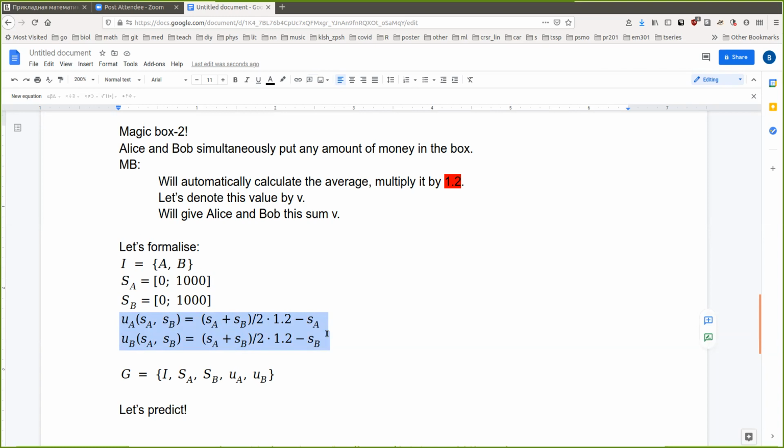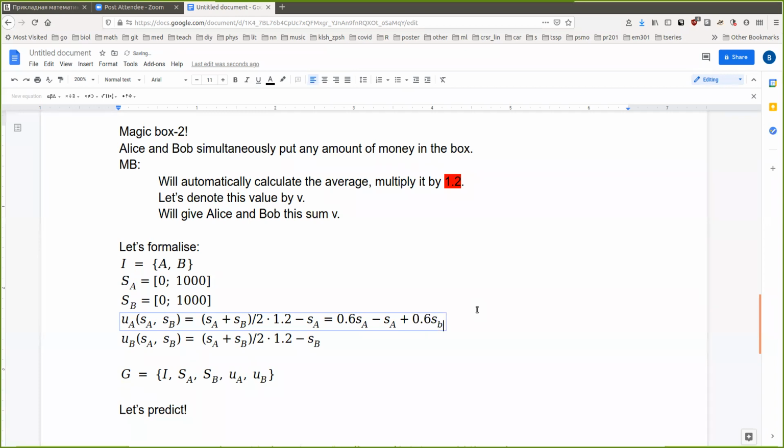Everything is formalized there. And so if I just simplify these utility functions, in the second game, Magic Box 2, I will get that 1.2 divided by 2 is 0.6, so it will be 0.6 SA minus SA plus SB times 0.6.